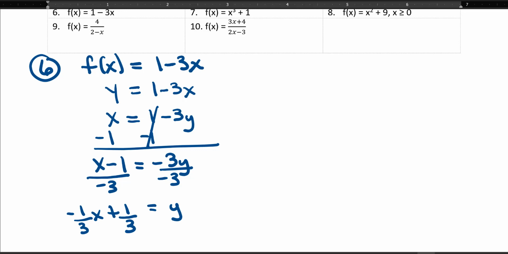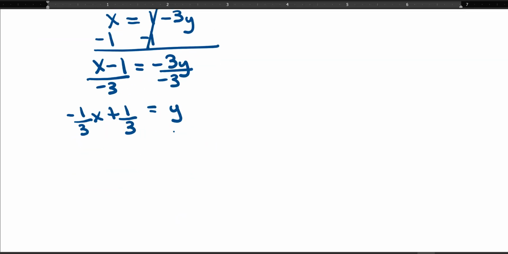How I got that is dividing negative 3 into both of those terms and then using our sign rules. So our last step here is replacing y with f inverse of x. And we have here negative 1/3 x plus 1/3.